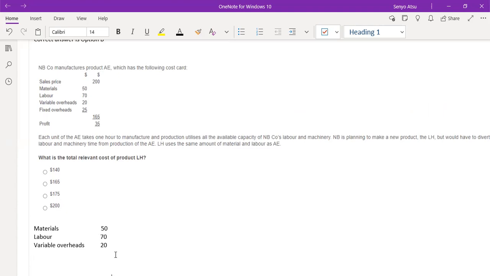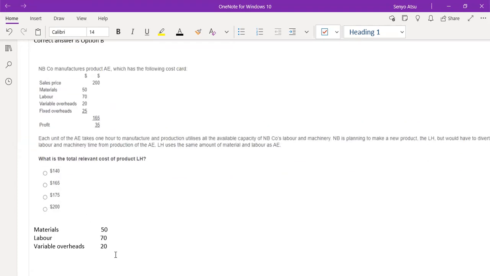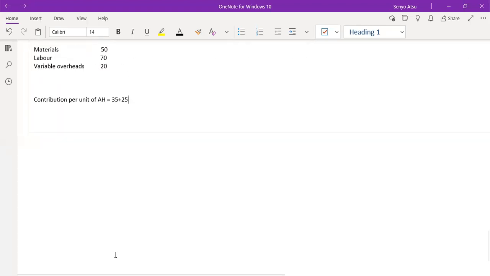So let me carry that 35 and add back the fixed overheads of 25. In other words, let me recalculate the contribution of AE. 200 sales minus material 50 minus labor 70 minus variable overheads 20. It will give me the same answer, 60 in 1 hour.